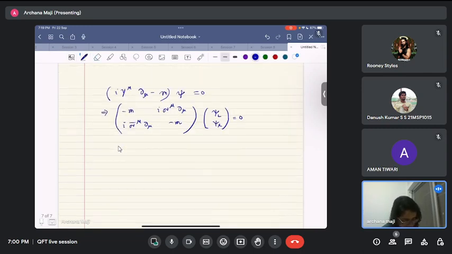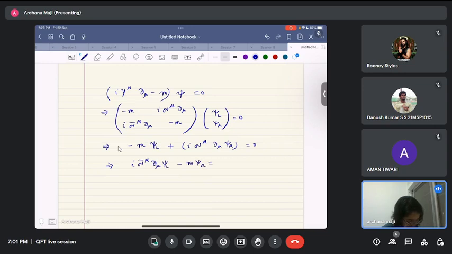There is one subtlety that I want to point out here, that's why I am telling this again. This acting on psi R equal to 0 is one equation, and the other equation is i sigma-bar^mu del_mu psi L minus m psi R equal to 0.